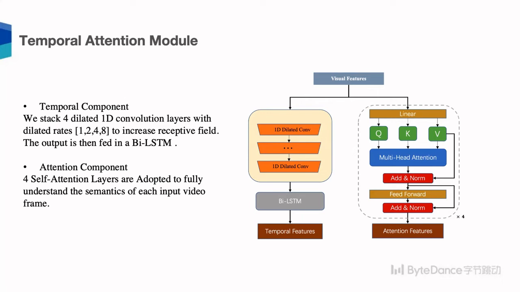Specifically, for the temporal component, we stack several dilated 1D convolution layers in the temporal domain to increase the receptive field. Meanwhile, we use a bidirectional LSTM to capture temporal information, which can process sequences of video frames in the temporal space. For the attention component, 4 self-attention layers are adopted to process the input features.